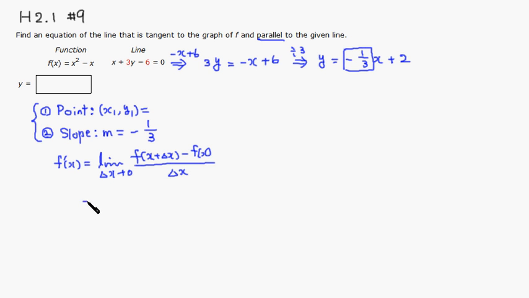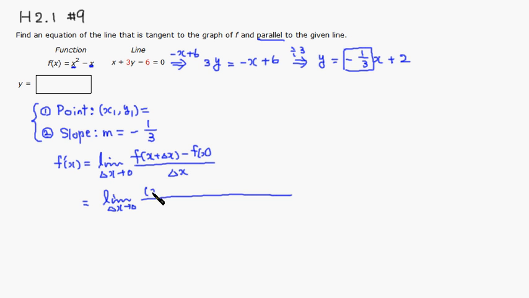So this is going to be the limit as delta x approaches 0. You have a long fraction. Whenever you see x, we're going to put x plus delta x in there.